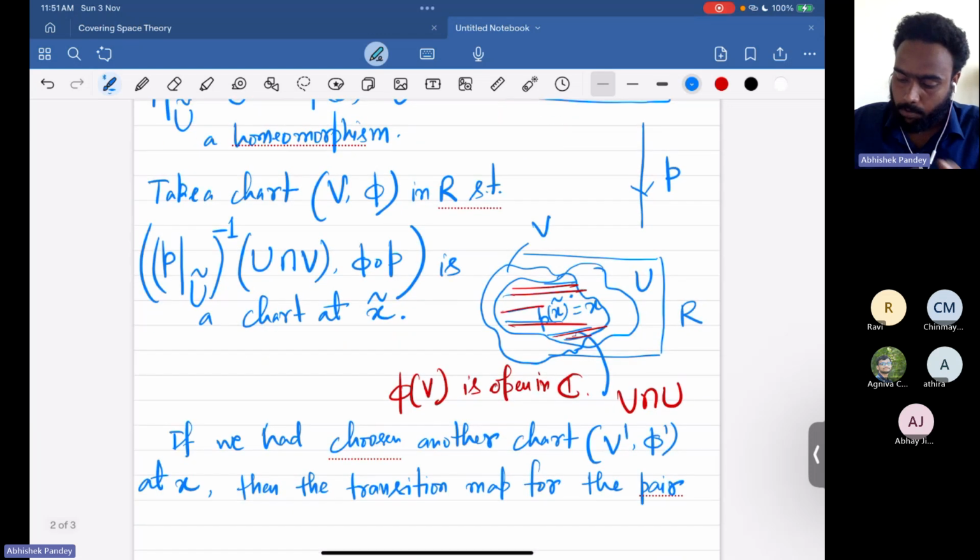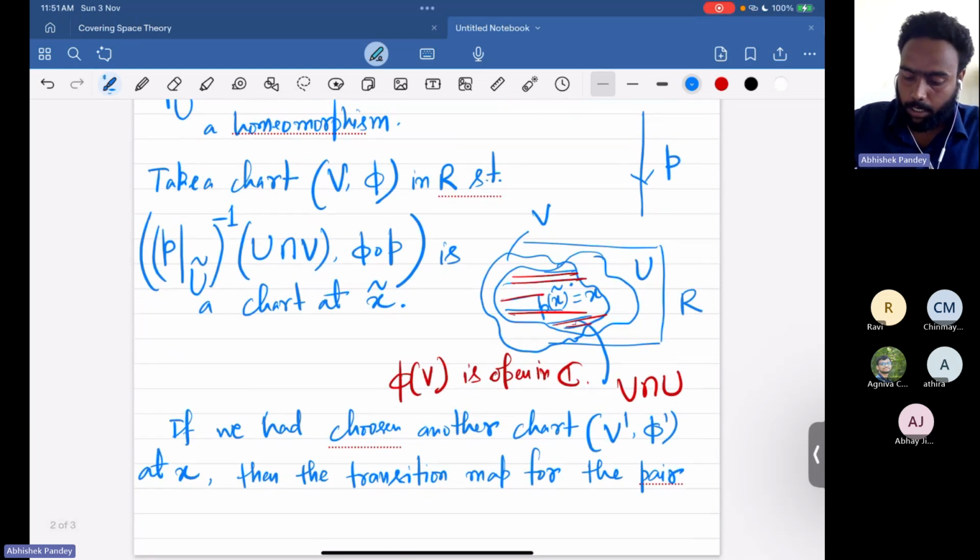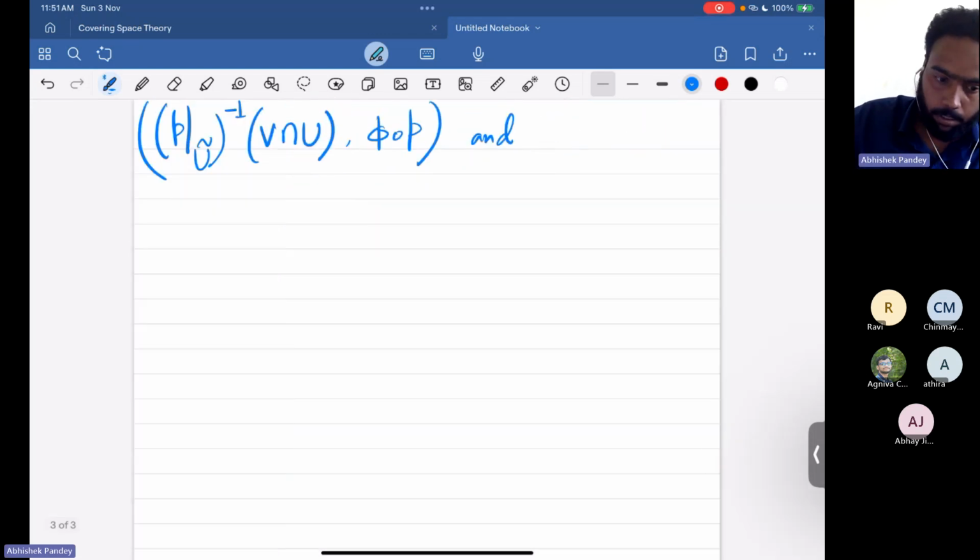If you choose another chart, you will get another chart at x tilde.